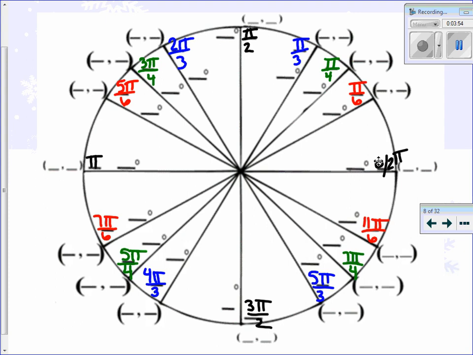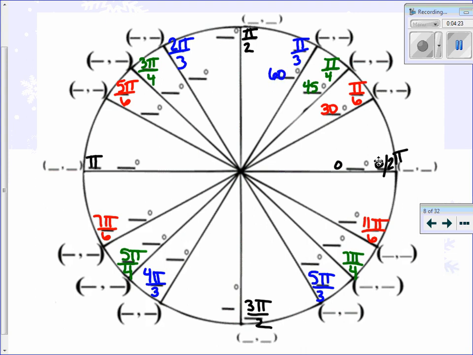Now we're going to talk about the degrees. As we go around the circle, the big spaces are 30, the little spaces are 15. So we start at 0, we add 30, so 30 degrees, and then we add 15, so 45, and then we add 15 again, we get 60.